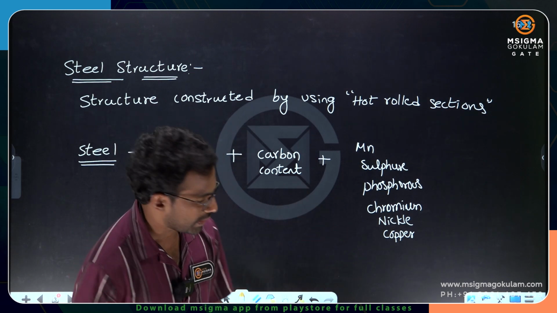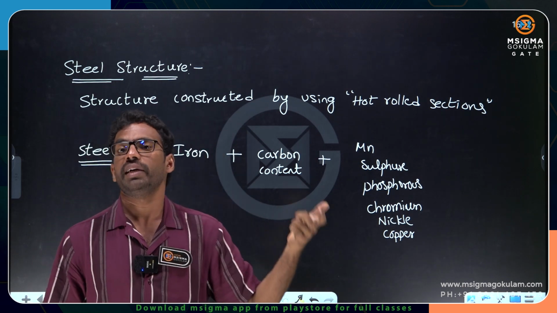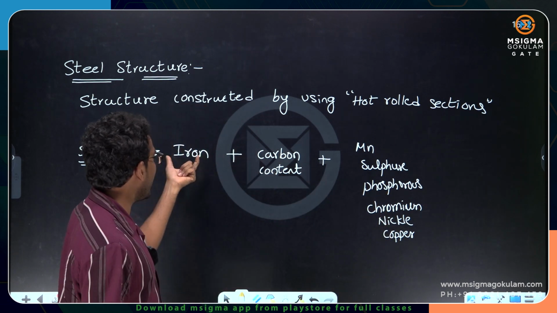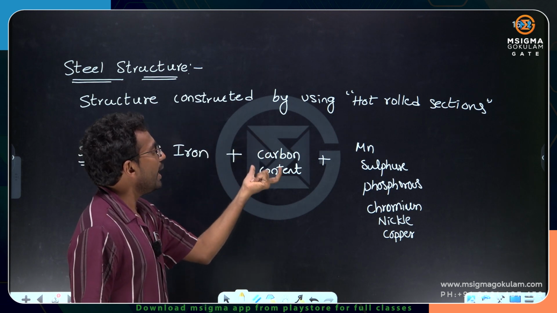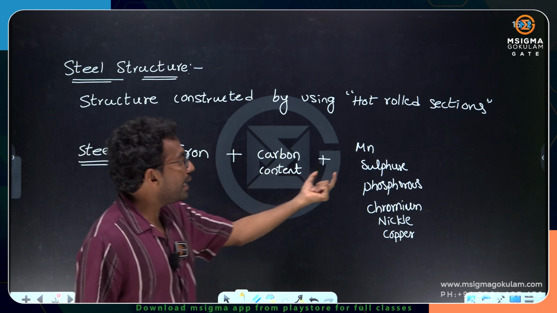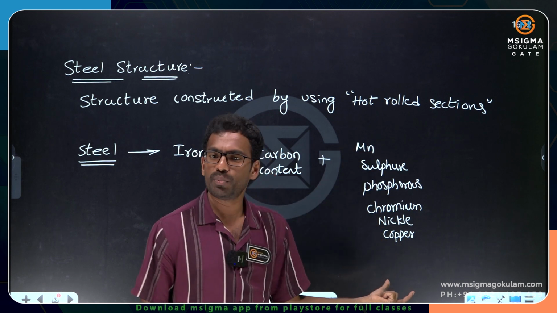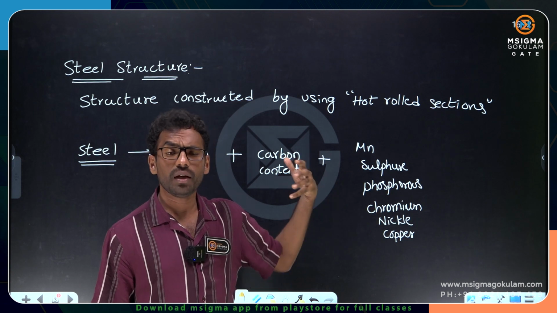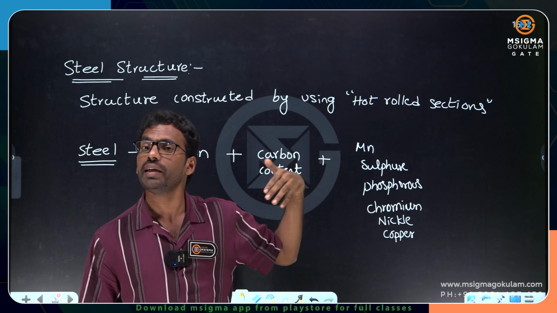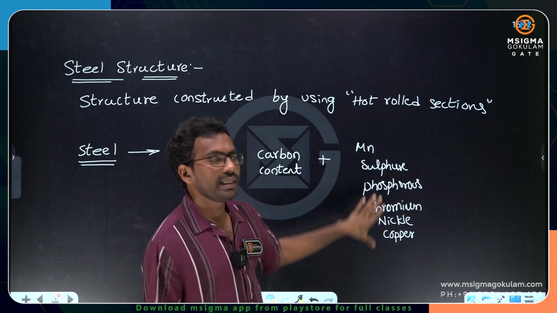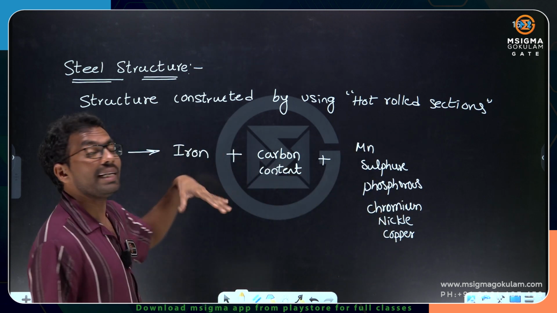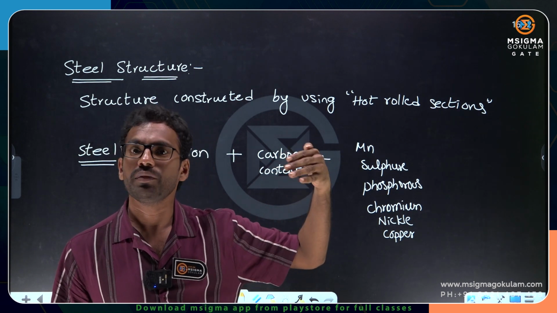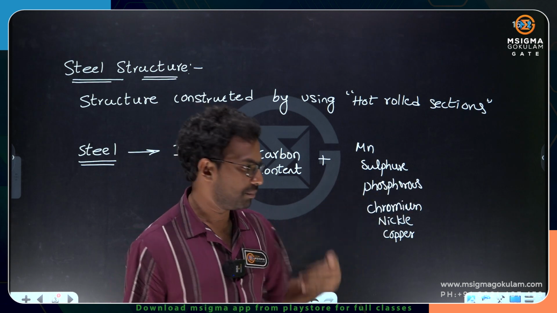This raw iron has some impurities, so it is purified. Then we take the pure iron ore and add carbon content and all these things, manganese, sulfur, phosphorus, chromium, nickel, copper, silica, etc., according to the quality of steel we desire. Then we heat them, and the proportions are appropriately maintained. Then we get a material which is called steel.